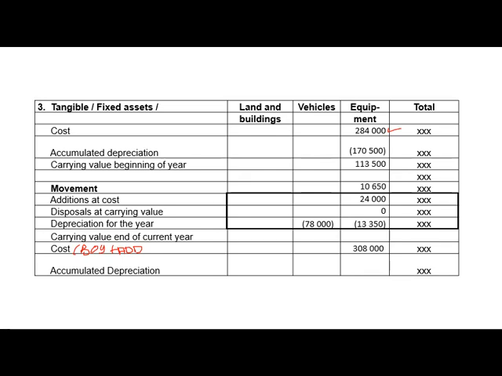What about accumulated depreciation at the end of the year? Guys, I have tangible assets notes where I explain this thoroughly. So accumulated depreciation at the end of the year will be accumulated depreciation at the beginning of the year.